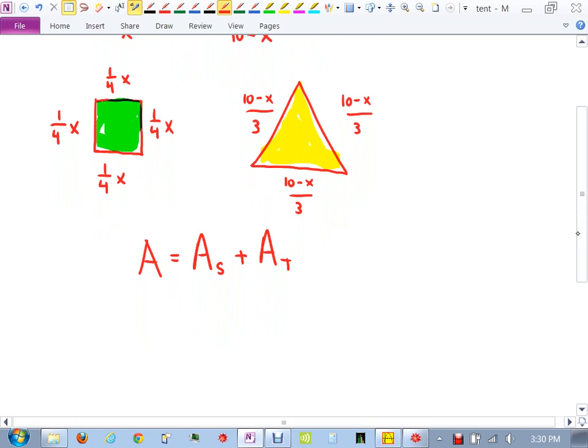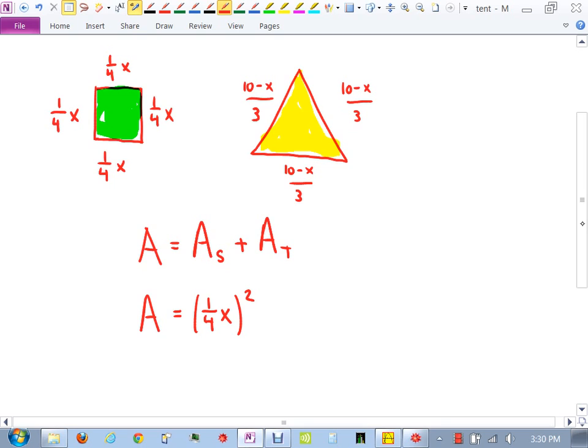What is the area of a square? It's just the two sides multiplied together, right? So that's 1/4 x times 1/4 x, so just 1/16 x squared. Any questions on that? We're okay?